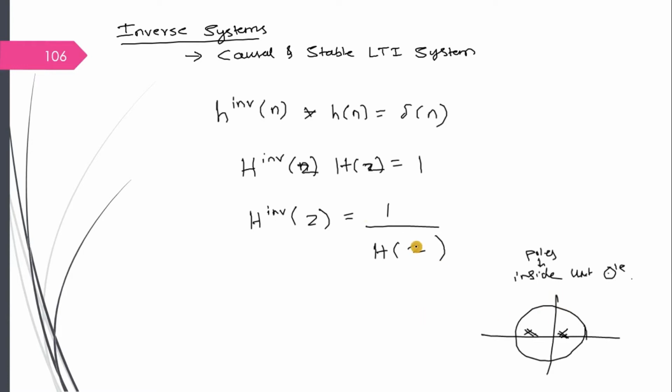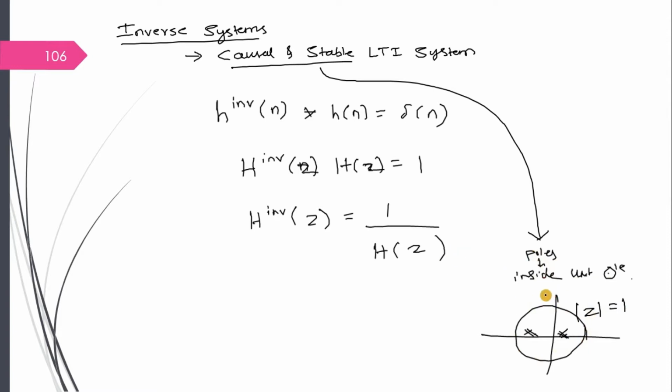So when you call a system causal and stable both, all the poles should lie inside the unit circle. Unit circle means the magnitude of z is equal to 1, right? With that radius we would have drawn it.